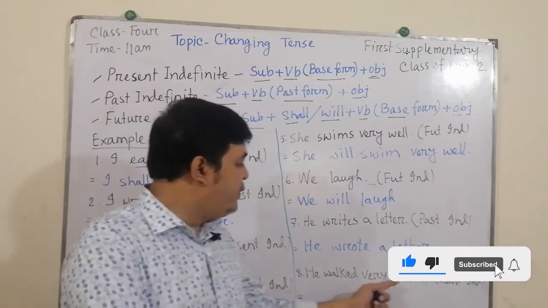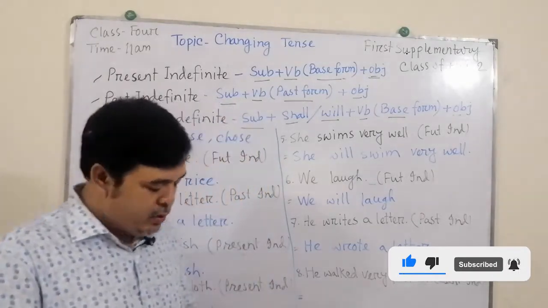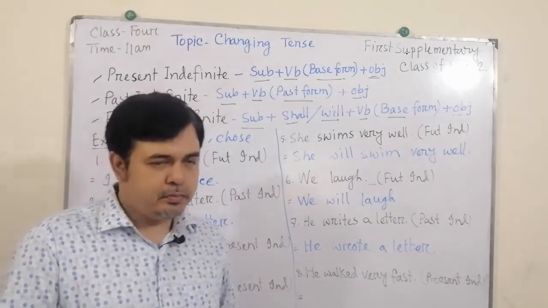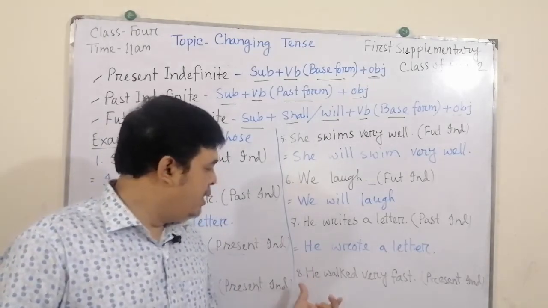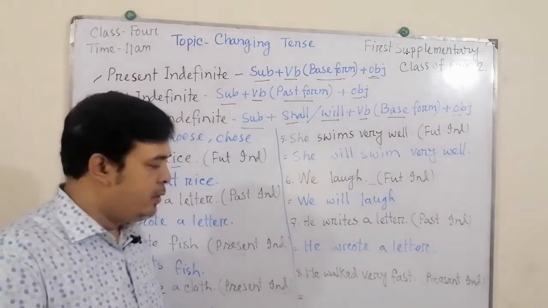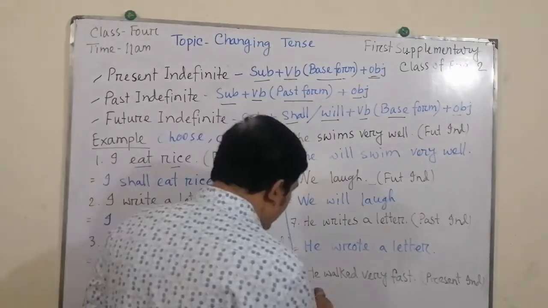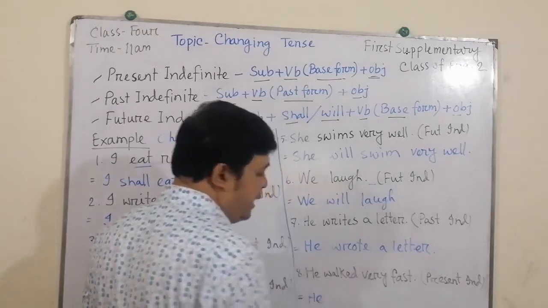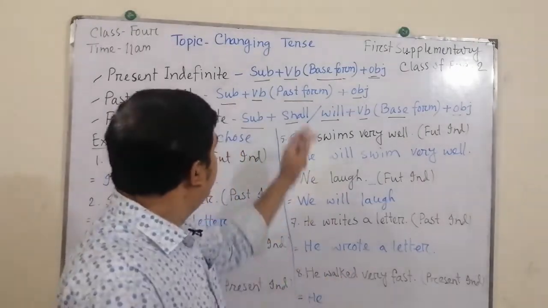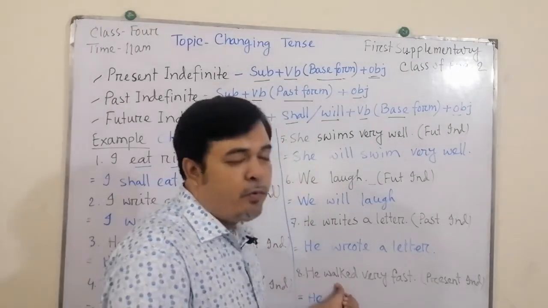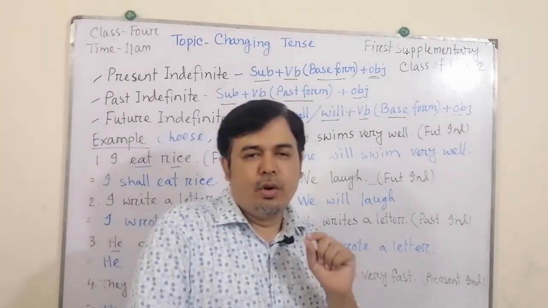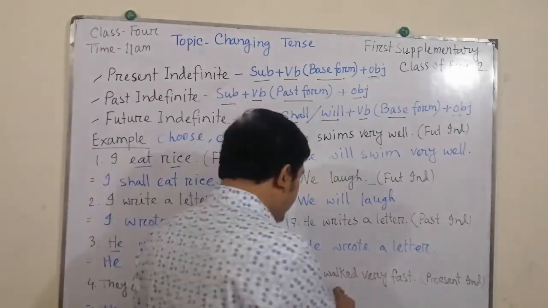I think it's very much easy, and you already did another one with the write verb. Then he walked very fast, we have to make it present indefinite. So what will we take? We will take the subject, then the base form of the verb walk.